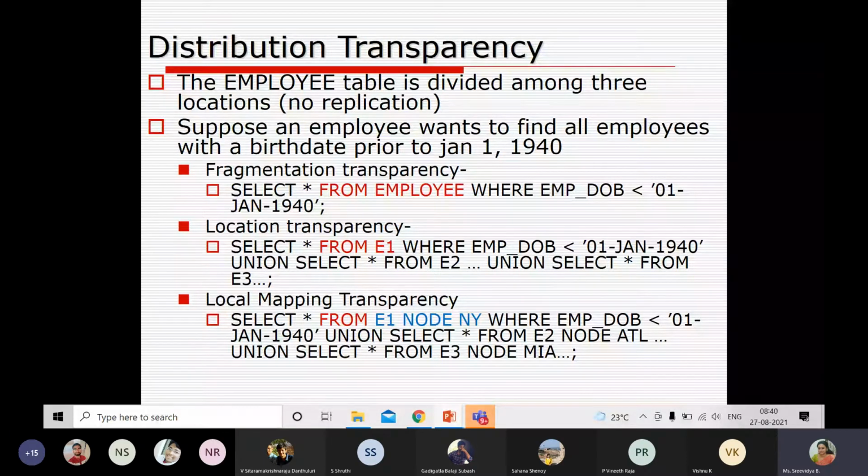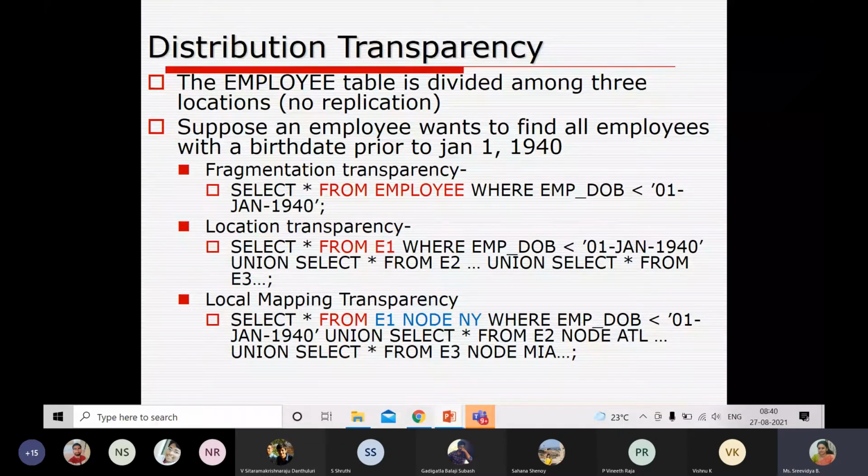That means my distribution system has only local mapping transparency, so the user will know it is a distributed system with multiple sites and multiple tables. Now, location transparency means I mention only the fragment, but not the location. I don't say whether it is in node 1, node 2 or node 3, but I say E1 is the table I have to access.